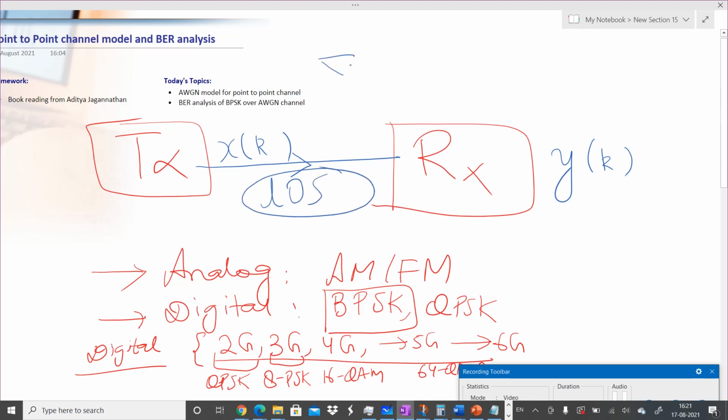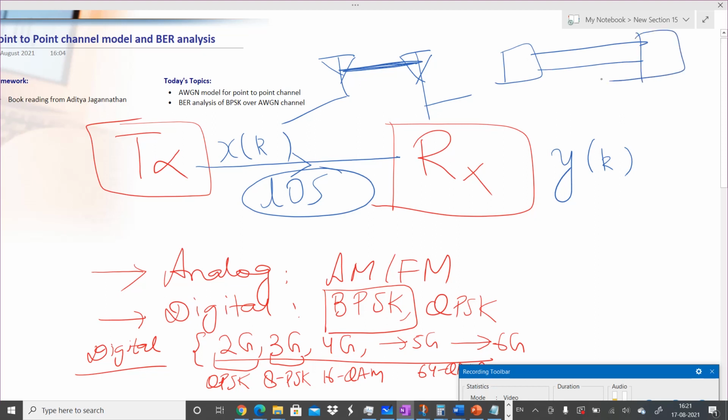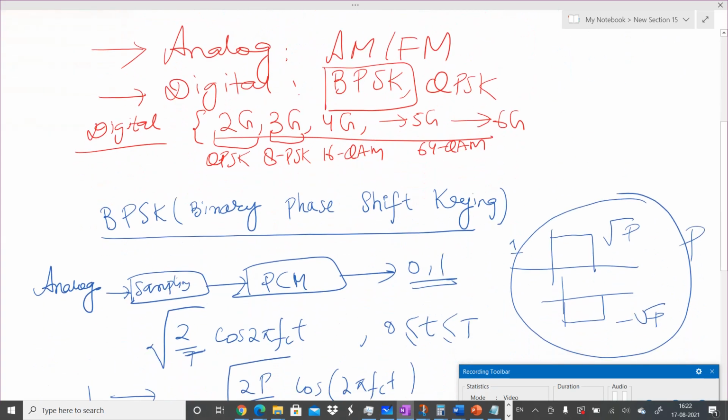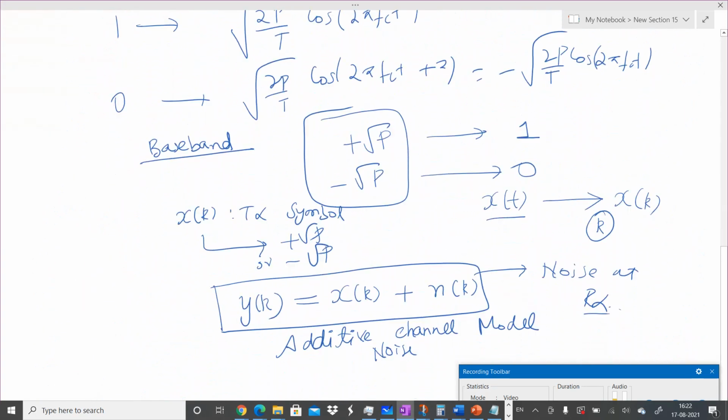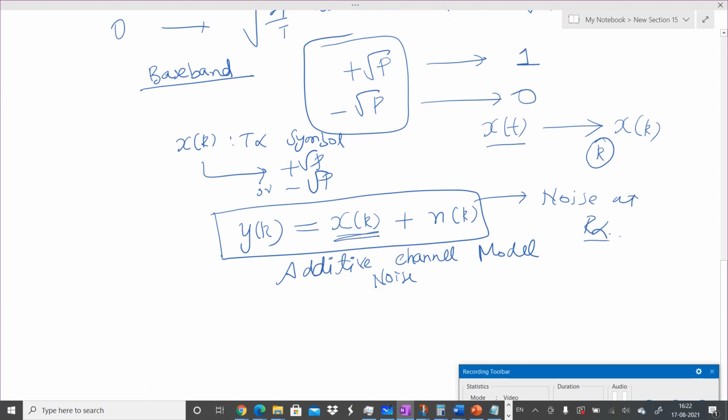Here is a transmitter antenna and here is a receiver antenna very nearby, and there is nothing in between, and direct transmission. Or you can think of a transmission line, just like a telephone line or any LAN wire. So there is no time variation of the signal. Okay, so what you receive is simply what you transmit plus the noise. Noise gets added up at the receiver.